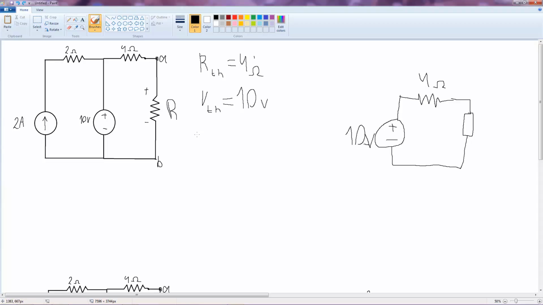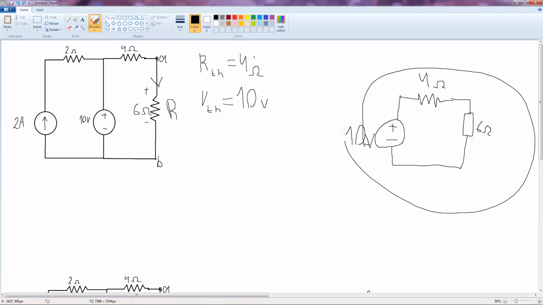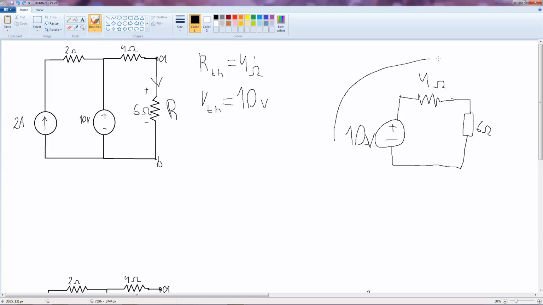As I said in the beginning of the video, if we put a 6 ohm resistor here, for example, the current through here will be the same as if we had a 6 ohm resistor in this circuit. Although these look completely different, because it is a Thevenin equivalent circuit, that's exactly what's going to happen. For the same values of resistance here, we will get the same voltage or current across this load, and this one is called the load. You should memorize these two.